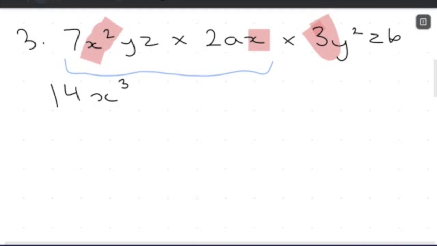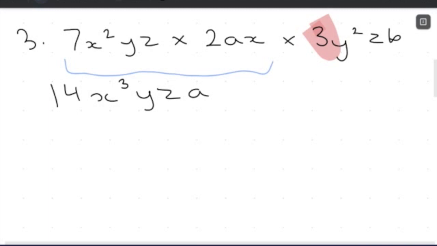And all of these other terms, we're just going to leave them alone, because the only other thing we know is that they're multiplying by each other. So I can continue my algebraic shorthand, write yza. Okay, cool. So this is so far so good.